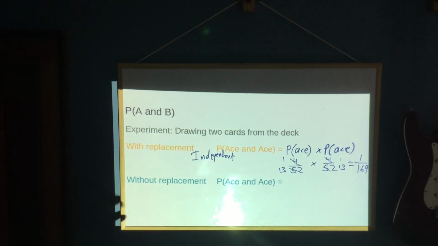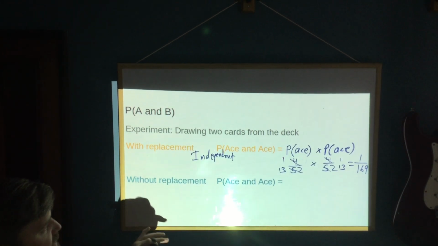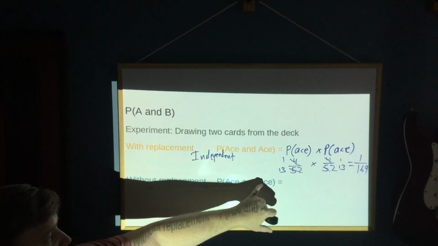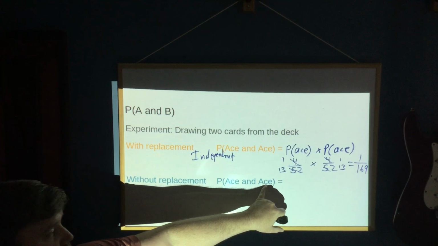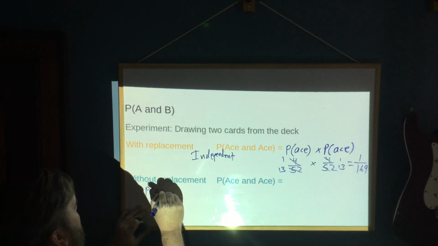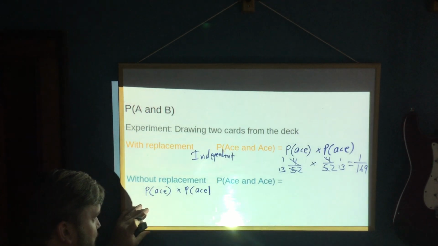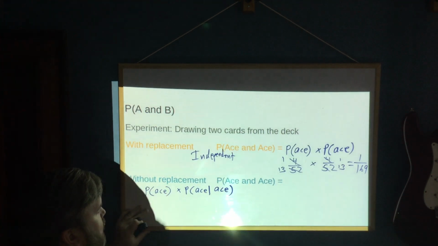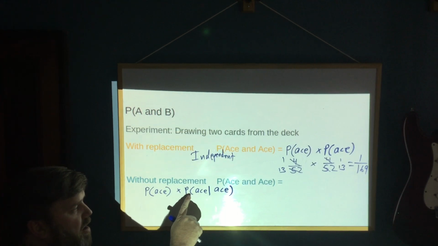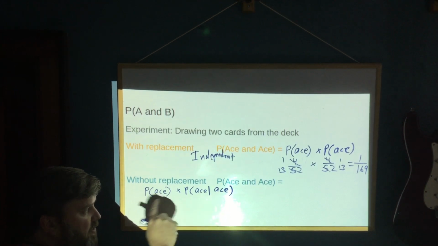The second time, I'm not going to replace. So these are going to be dependent events because the first time I draw an ace, I'm not going to put it back in the deck. So now I'm down to only 3 aces and 51 cards. So this would be the probability of an ace times the probability of an ace given you've already drawn an ace the first time. So that little vertical bar means the probability this happens assuming that this already happened the first time.